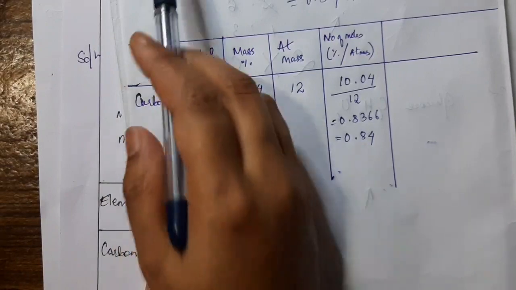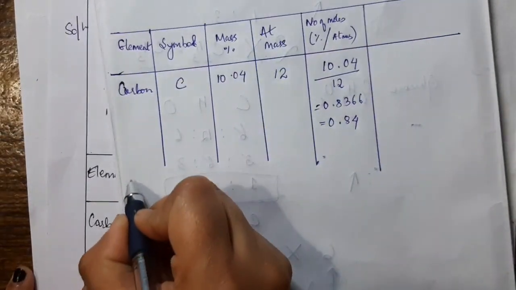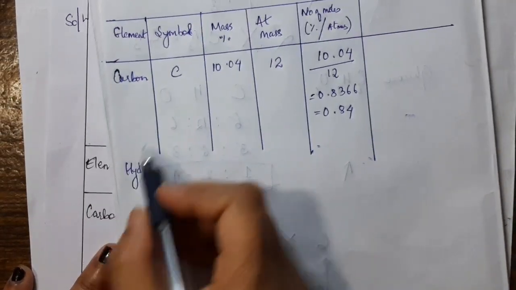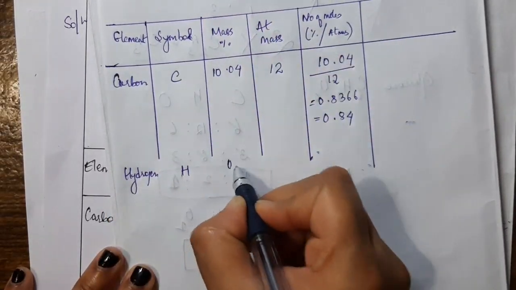Carbon we already did. Now next one is hydrogen. Similarly we do the same thing for hydrogen. Hydrogen symbol is H. Mass percent of hydrogen is 0.84.